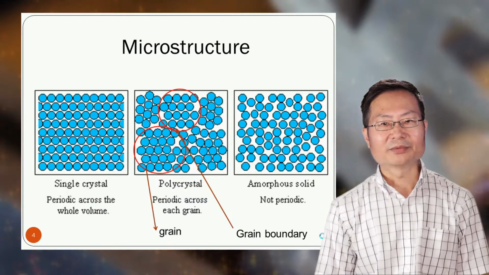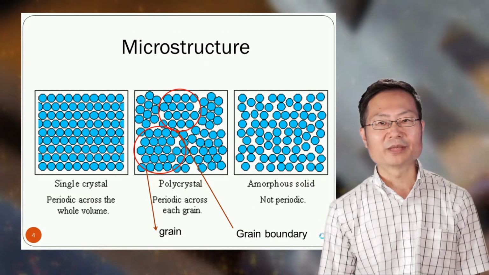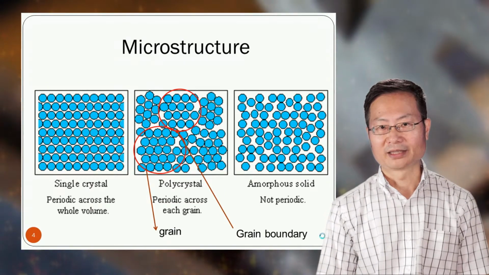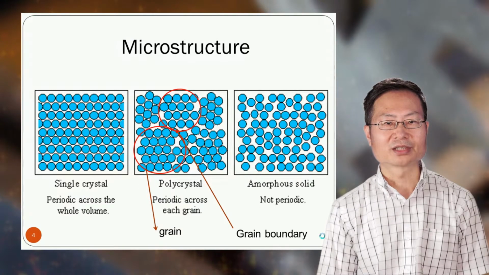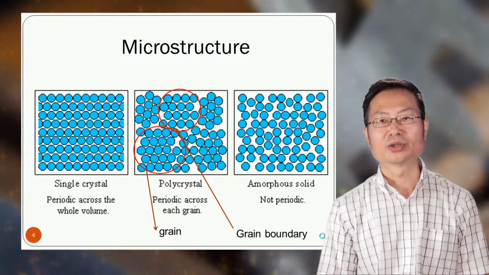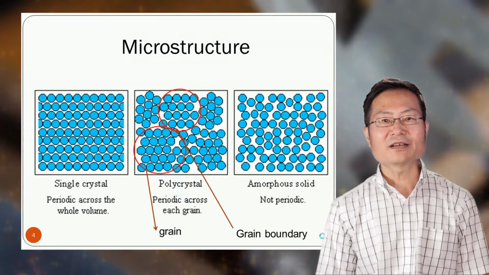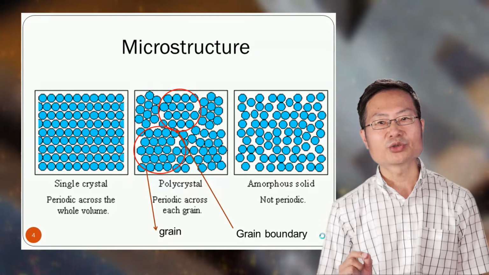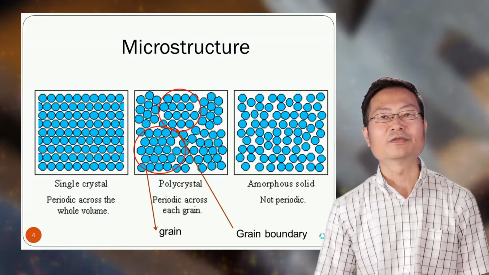The three kinds of alumina have the same composition but different optical properties. Why? The reason is the structure is different. More precisely, different microstructure, called grain size. The sapphire crystal is a single crystal. The atoms are arranged periodically across the whole volume.